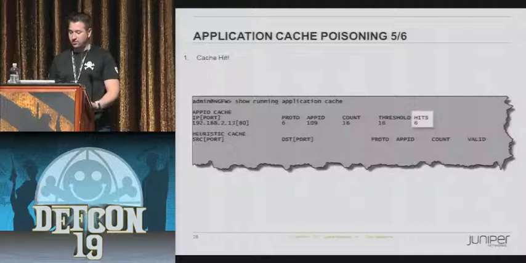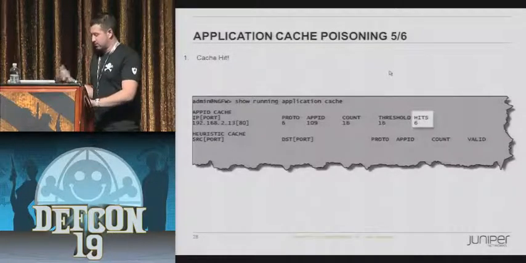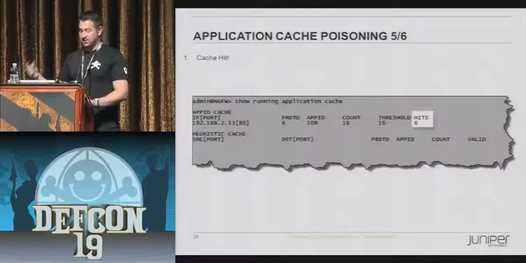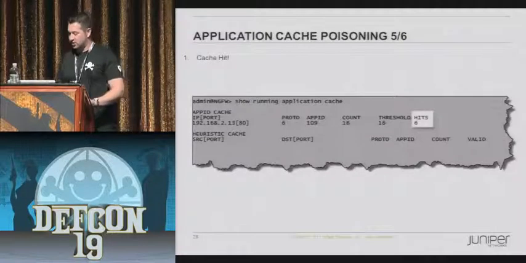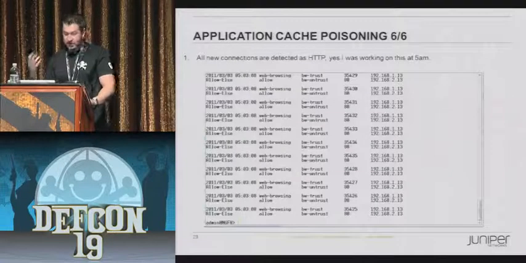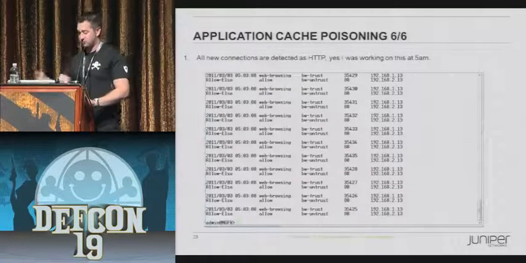The count is the threshold of how many they need to see before they actually put an entry in the app cache. The hits is how many we're getting now, which says, yes, this is a cache hit, it matches, but in reality we're sending SMTP, not HTTP. And that's exactly what the logs say, that this is all web browsing, when in fact it's not.